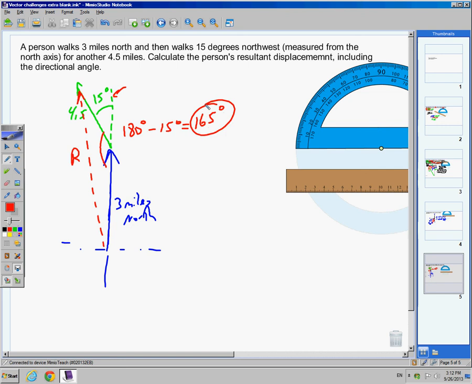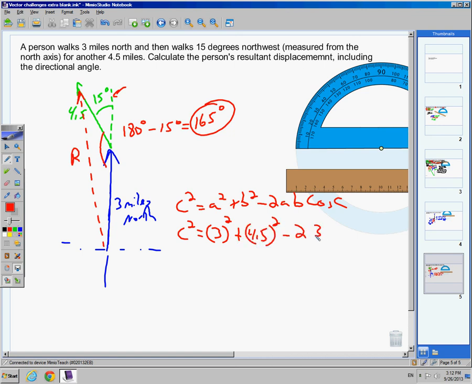So let's see what we got here. C squared equals A squared plus B squared minus 2AB cosine C. This is going to be 3 squared, again leaving out units, plus 4.5 squared minus 2 times 3 times 4.5 cosine 165.